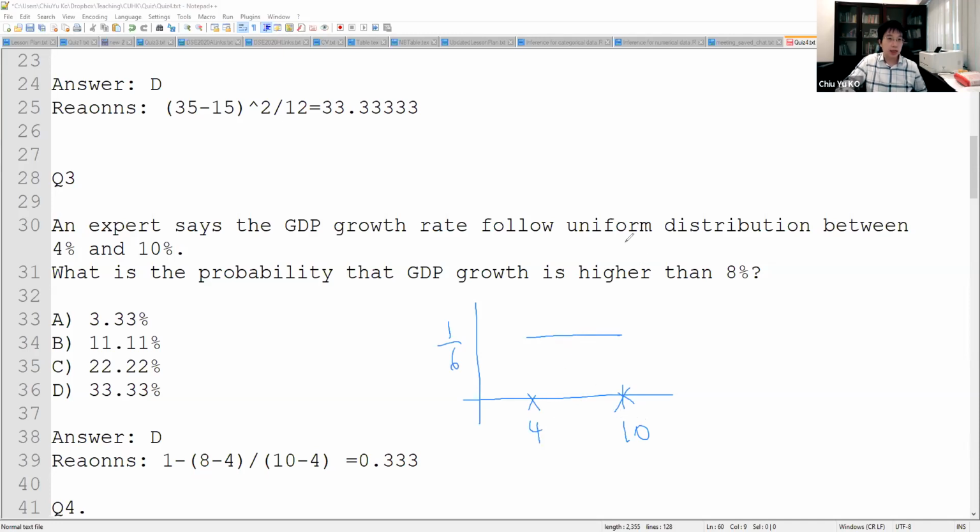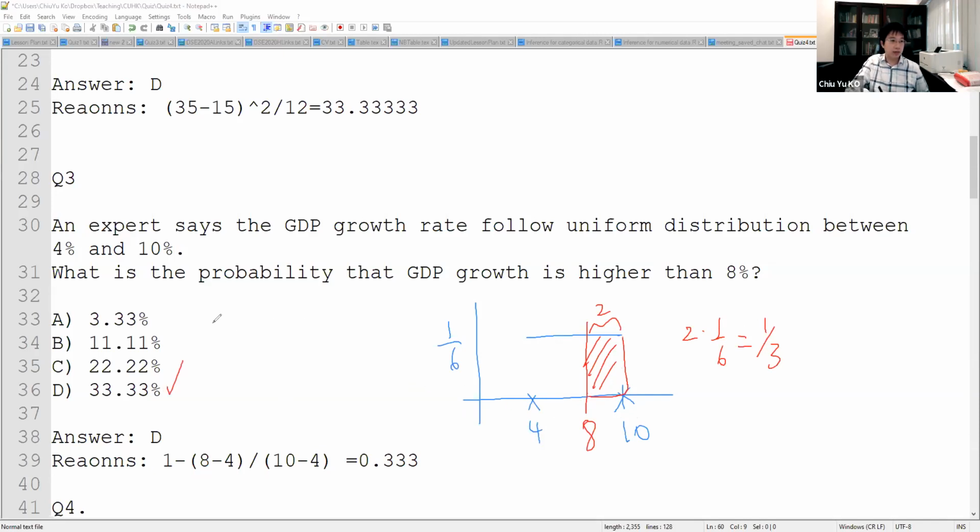We want higher than 8%, so 8% here, this is a probability, and you can just calculate the area, which is 2 times 1/6. So it's 1/3, so it's 33%.